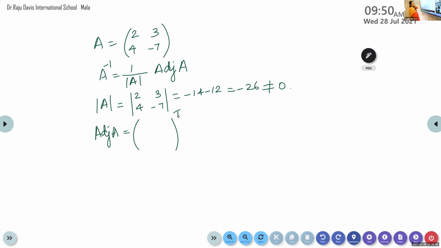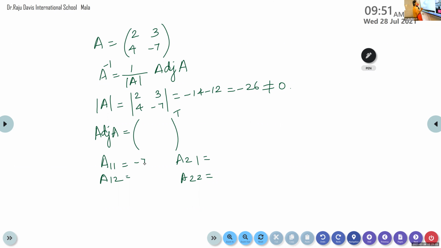How to find it? For the first element 2, what is the cofactor of 2? Find out what is capital A11, A12, then A21, A22. Find the cofactors. What is A11?